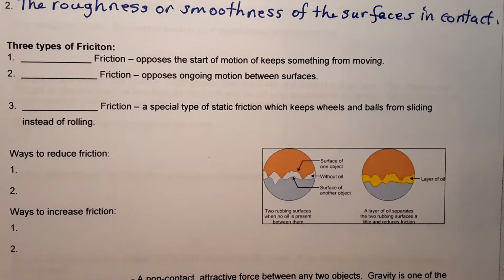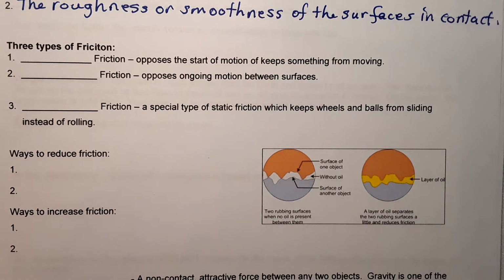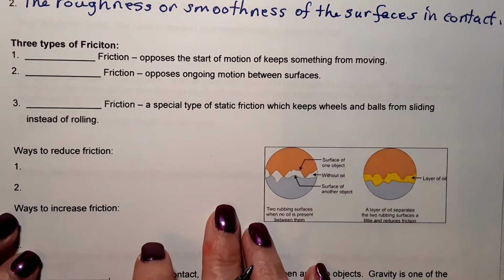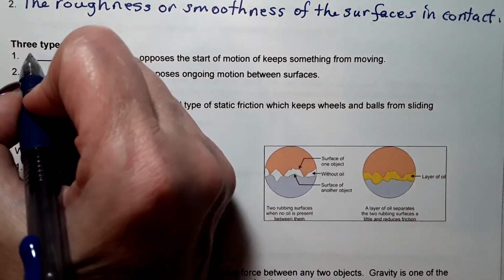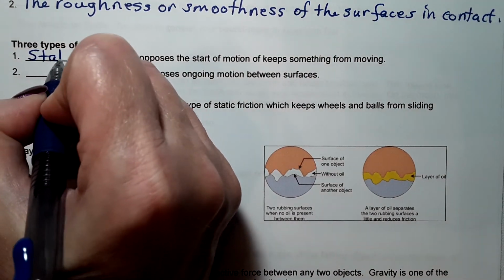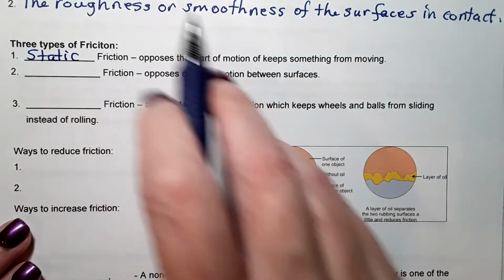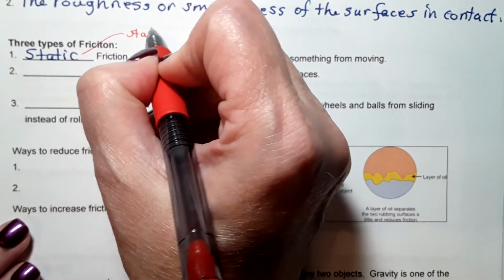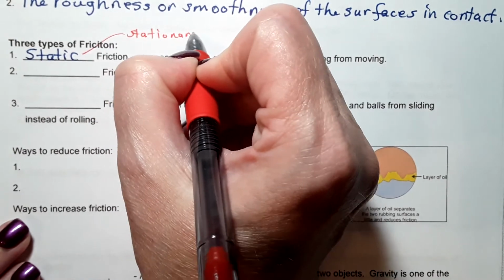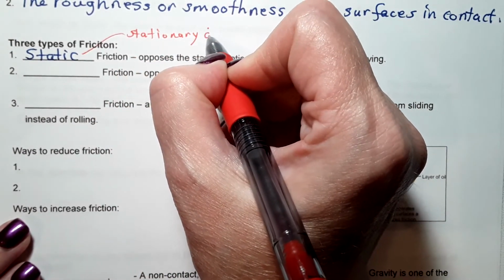Okay, now, we're almost done here. There are 3 types of friction. All right, and let's talk about those quickly. You're going to learn more about these in some of the videos. The first is static friction. Now, static is actually a term that means stationary or at rest.